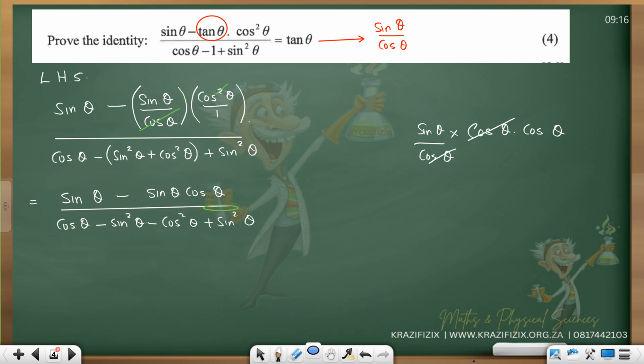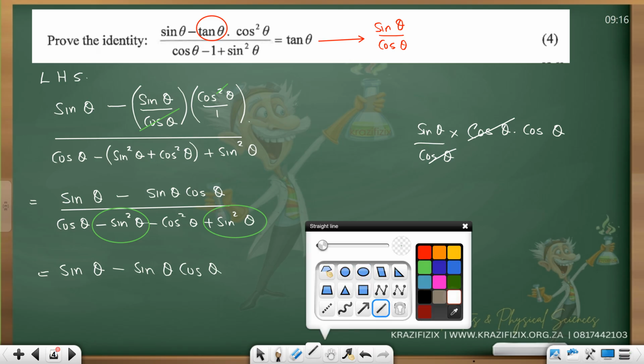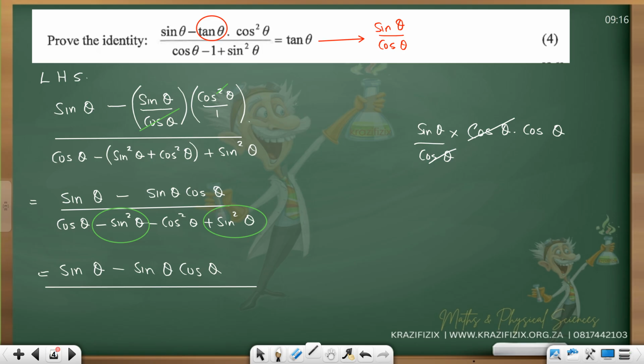What do you notice here? Negative sine squared theta plus sine squared theta would actually cancel out each other. So let's write what we have left. We have sine theta minus sine theta cos theta over, what do we have left?